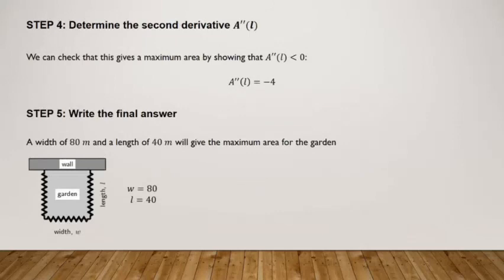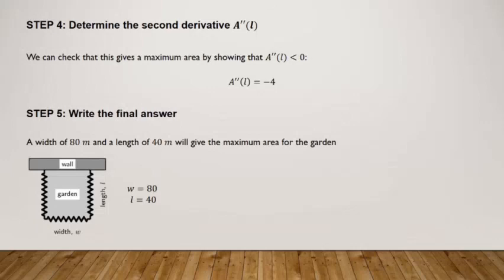Step 4. Determine the second derivative, A prime prime. We can check that this gives a maximum area by showing that A prime prime is less than 0. So, we write A prime prime equals negative 4. Step 5. Write the final answer.